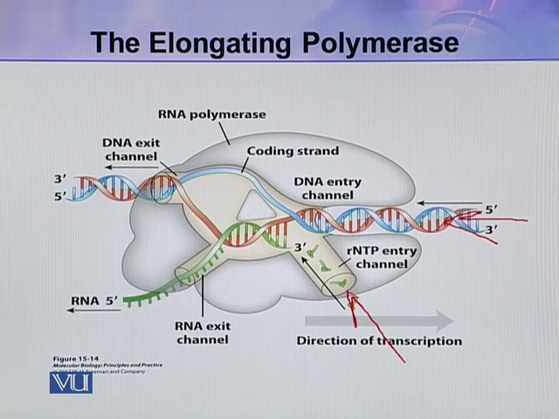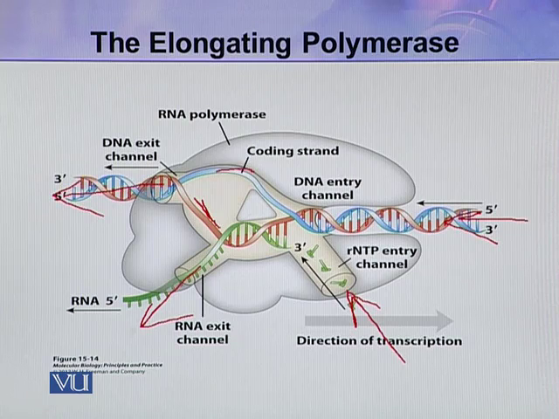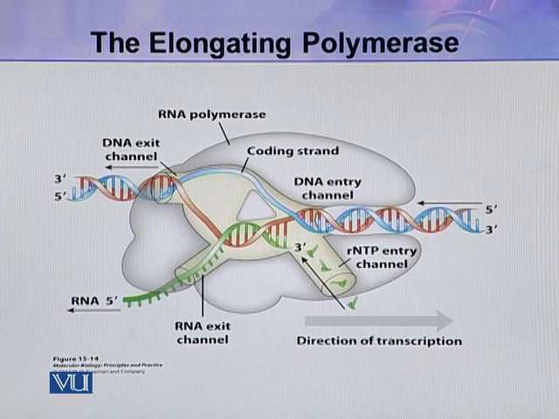This is the point of entry of ribonucleotides. This is the exit point for newly synthesized RNA, and this is the exit point for double-stranded DNA, while these two are exit points for single-stranded DNA molecules. So this is the structure of polymerase.